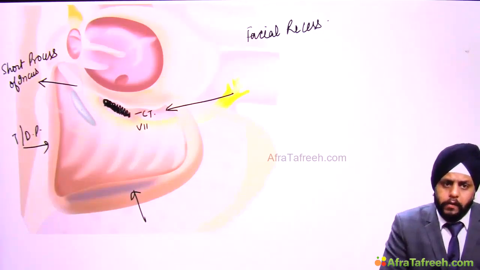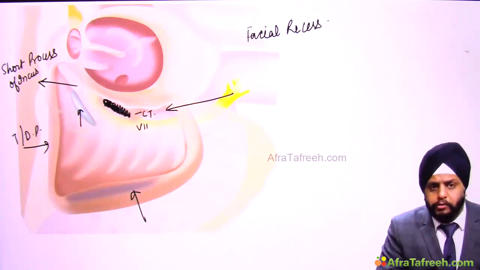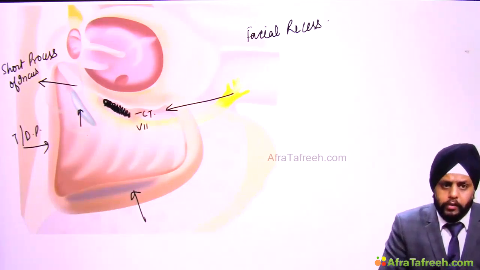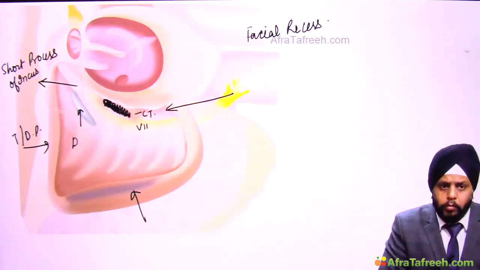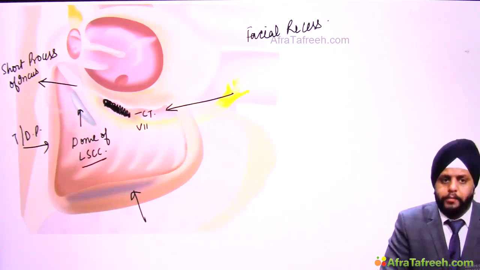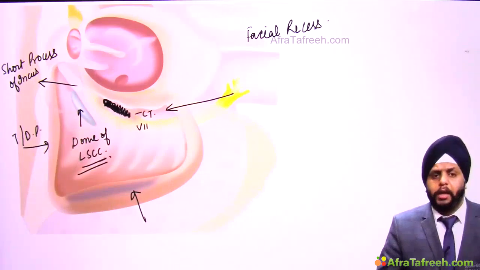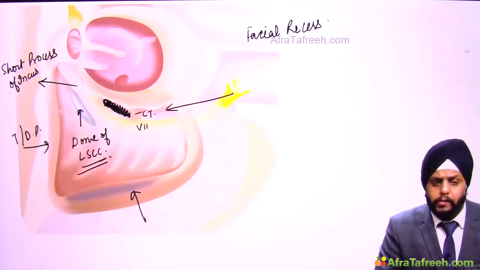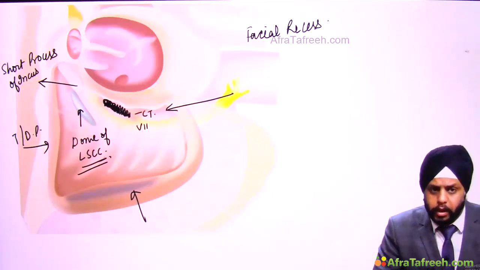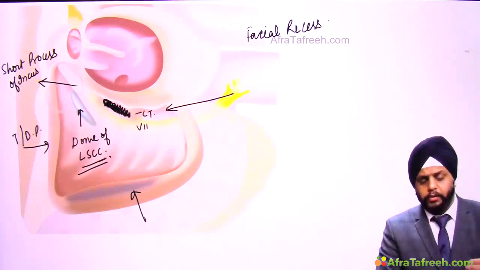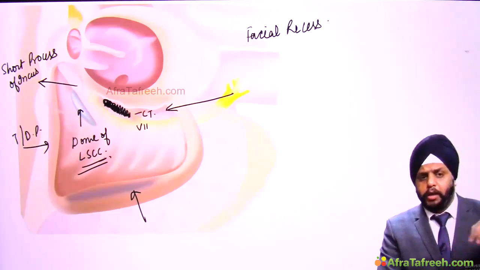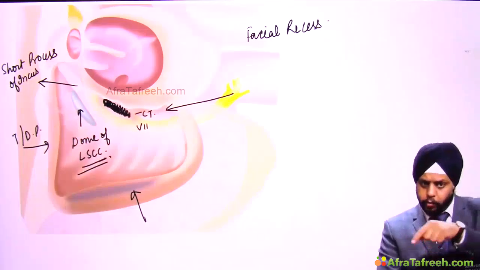Okay. And what is this blue color structure? That's a bulge. That blue color structure is your dome of lateral semicircular canal. Remember, in the middle ear anatomy, we discussed the dome of lateral semicircular canal. You see, the lateral semicircular canal is coming like this. It forms a dome.